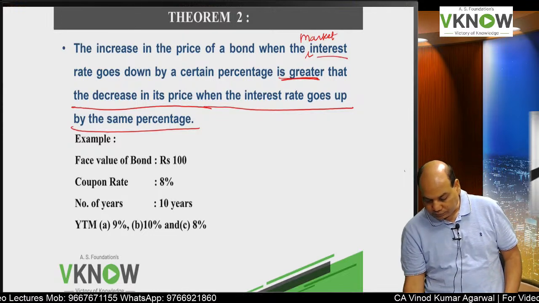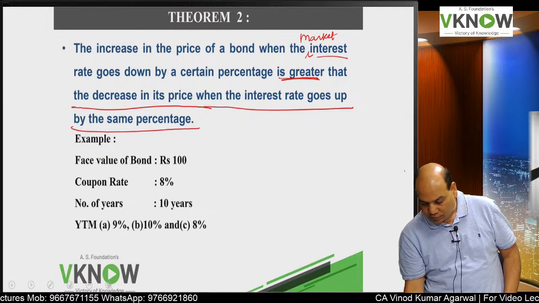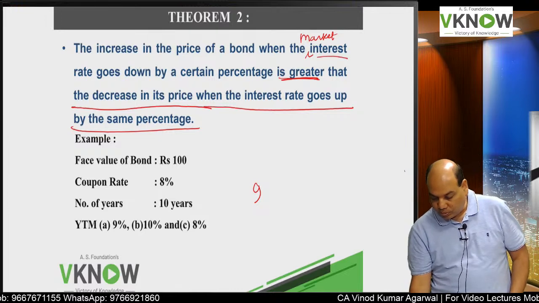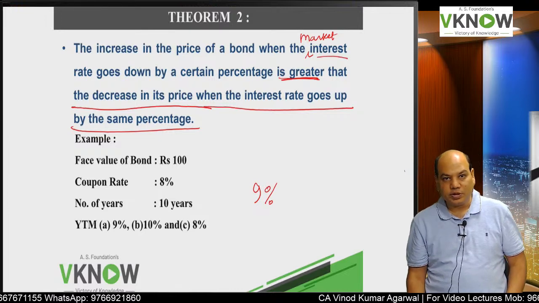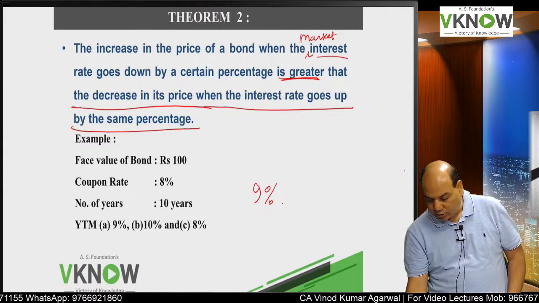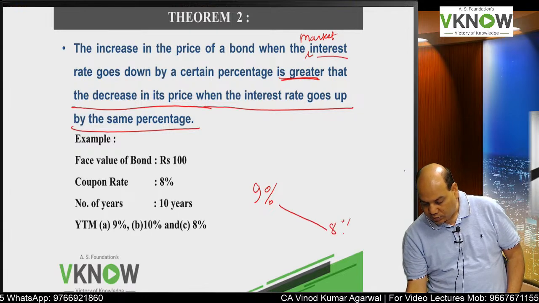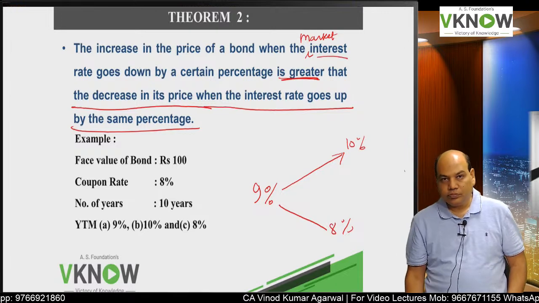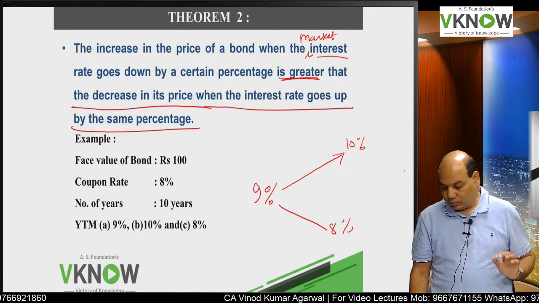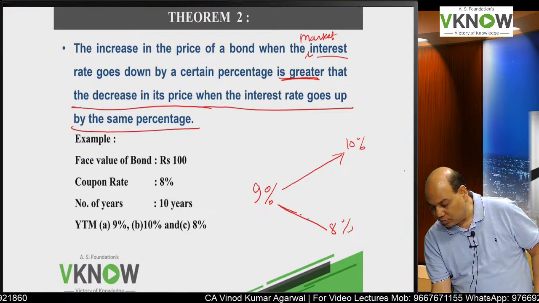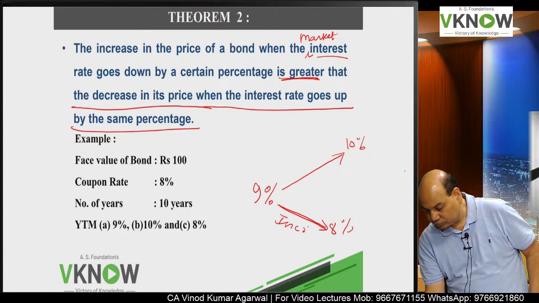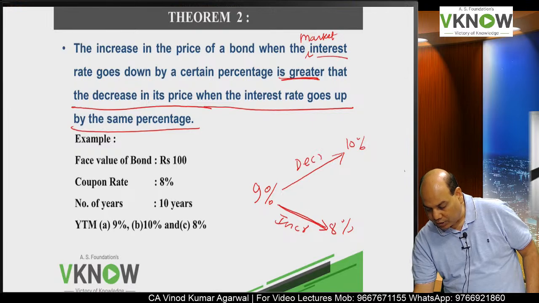For example, let us say right now the market rate of interest is 9%. So it can fall to 8%, it can rise to 10%. So bond price will change. Here the bond price will increase, here the bond price will decrease.